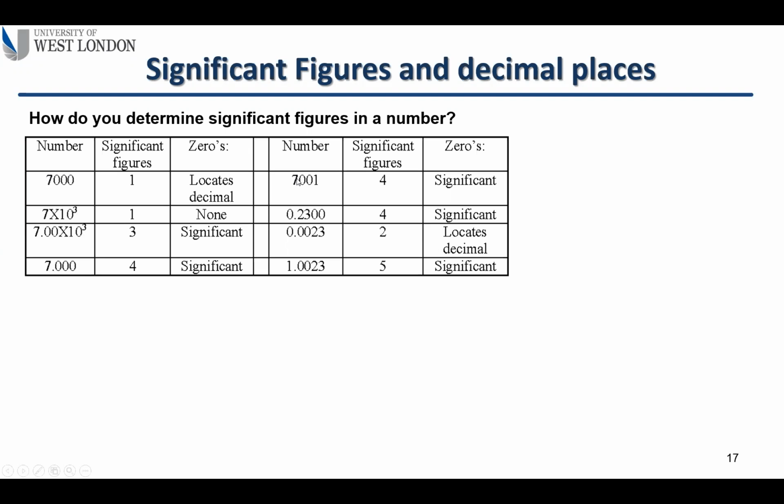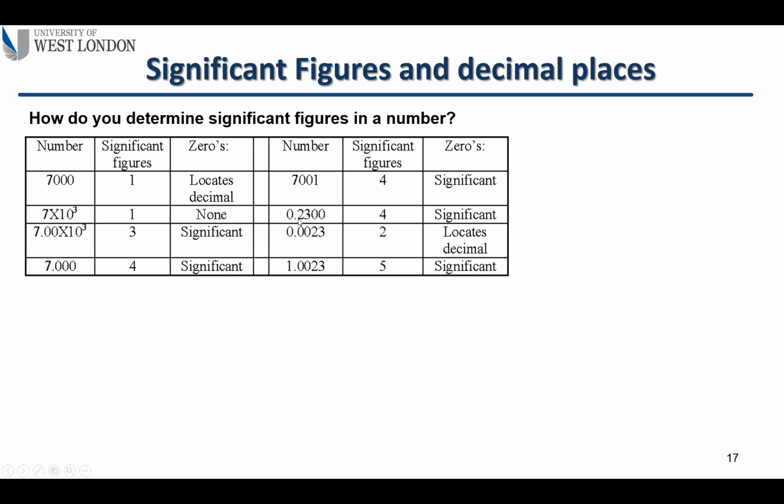This figure has 4 significant figures, which are 7, plus 2 zeros, plus 1. We cannot write 7,001 in scientific form like this one, but if we did, we would have to count the 1 as well. So we still keep the same significant figures.